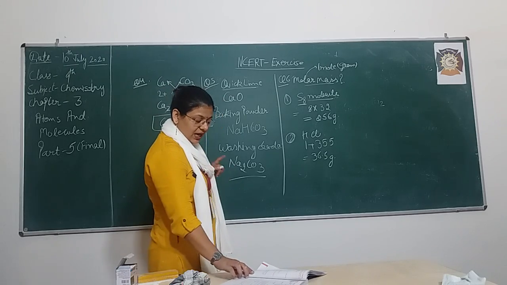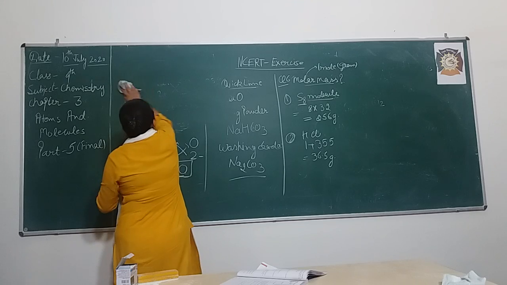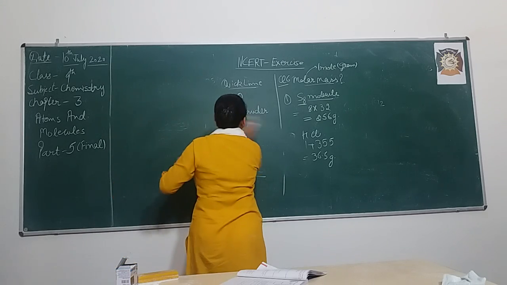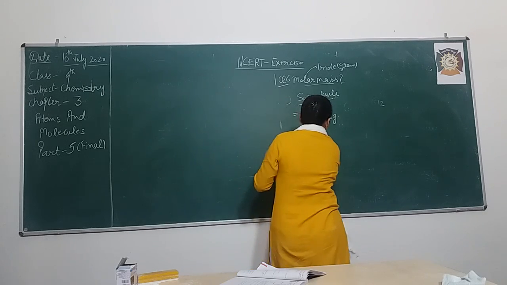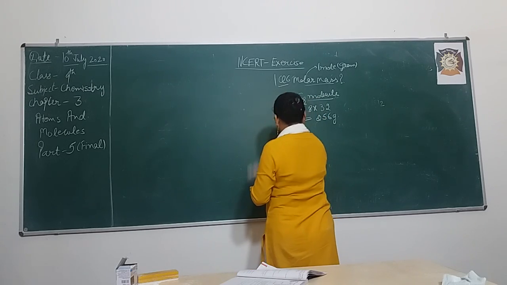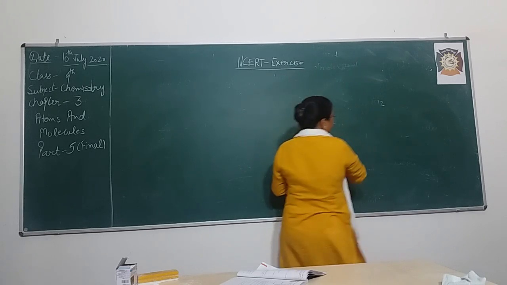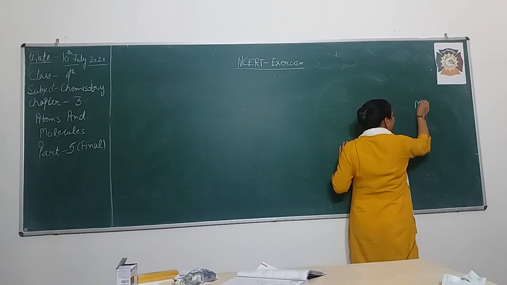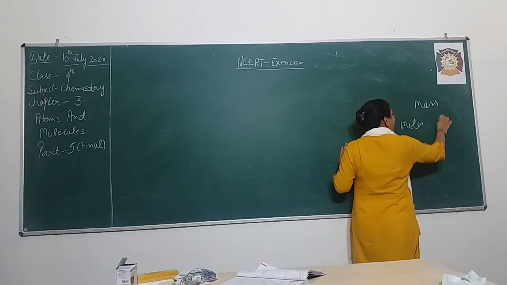Next, the 7th, 8th and 9th questions are related to your mole concept. In the previous lecture, while discussing the mole concept, we discussed a triangle in which these 3 things are interrelated: mass, moles and particles.